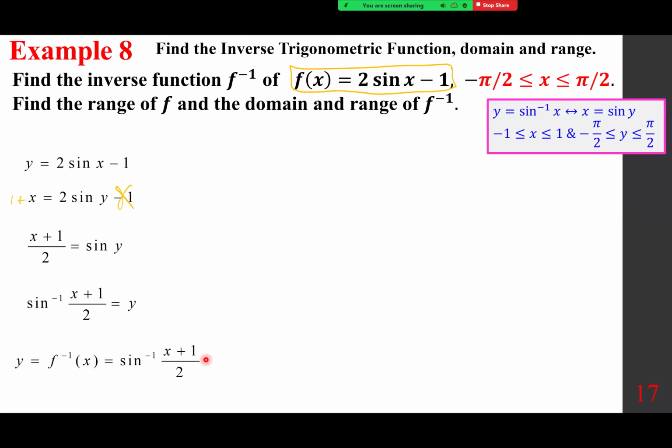In other words, when f of x is 2 sine x minus 1, f inverse is sine inverse of x plus 1 over 2. And you can look at the composite function, by the way. And now we want to continue finishing the job as far as the domain and range is concerned. So when we go back to this guy, this was given as its domain.